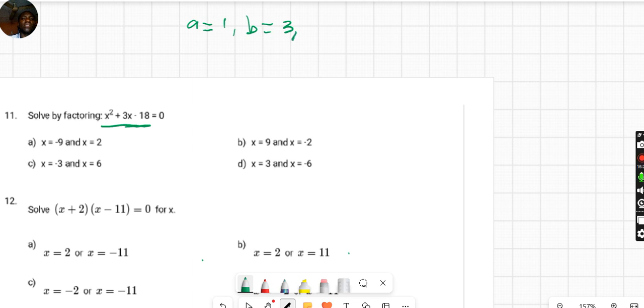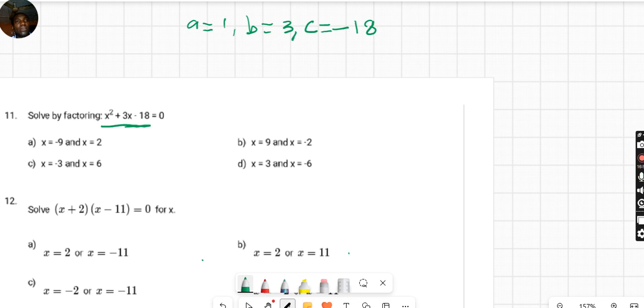Our C is the constant, and that's minus 18. Alright, so I said before, when you want to solve a quadratic equation using the factorization method, the first thing you need to do is to identify A, B, and C. So we've identified A, B, C now.